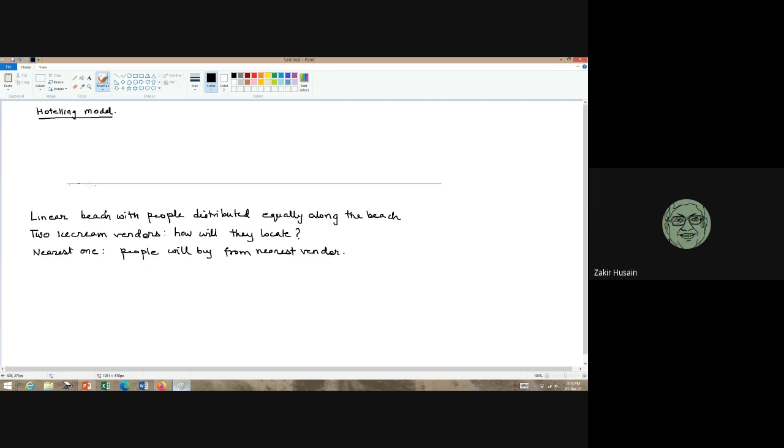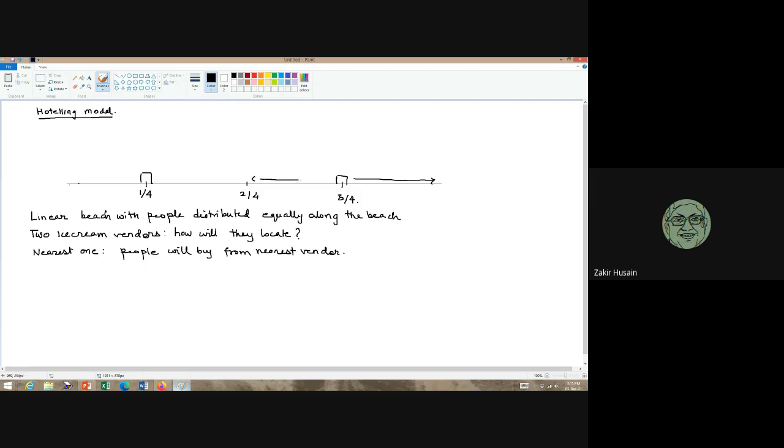Now let us suppose we divide this into 4 zones. It's not very equal, but let us say it is equal. This is 1/4, this is 2/4, and this is 3/4. You set up one vendor over here and another vendor over here. So he captures this entire market. All these people will come to him.